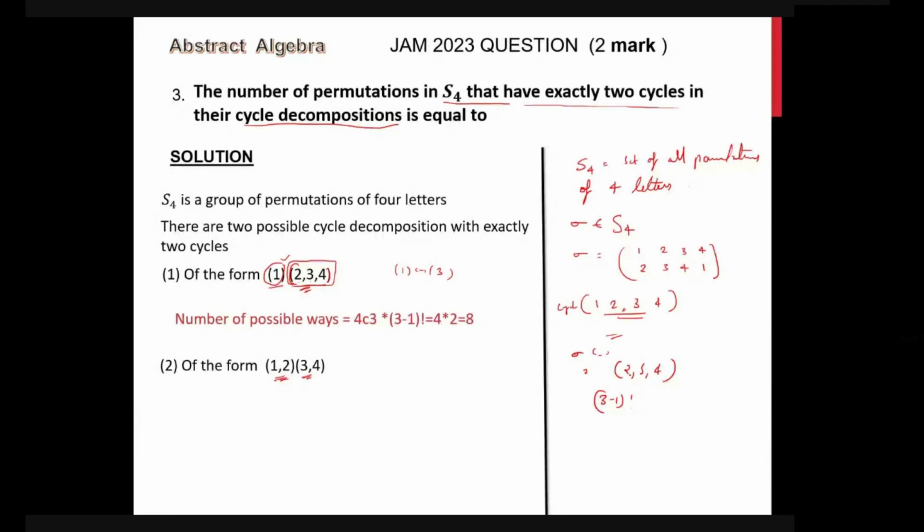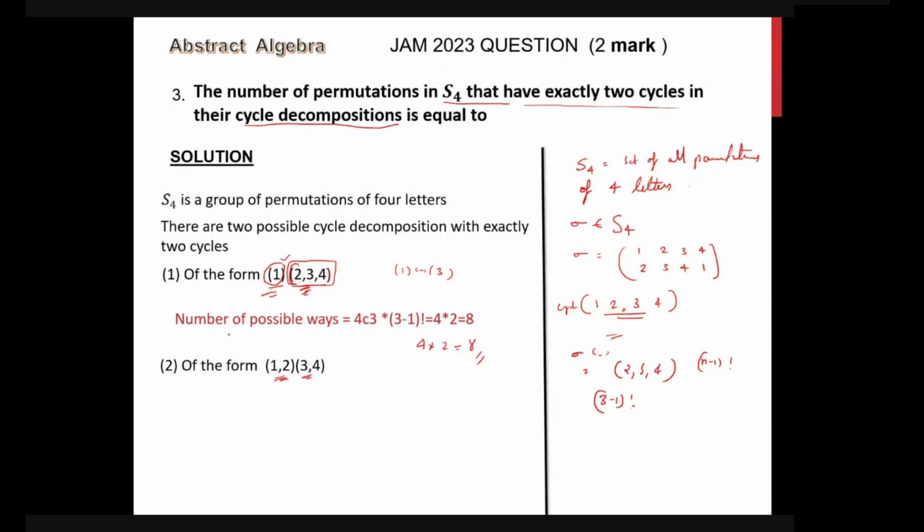That means if you have n letters, they can be arranged in a cycle in n minus 1 factorial ways. So the total possibility is 4 into 2, which is equal to 8. So the number of ways is 8.